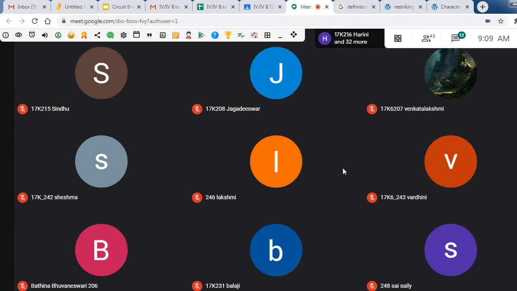Now the question for Shravani. Shravani, suppose the restriking voltage builds up more than the dielectric strength at the moment when the current is at zero. What will happen?